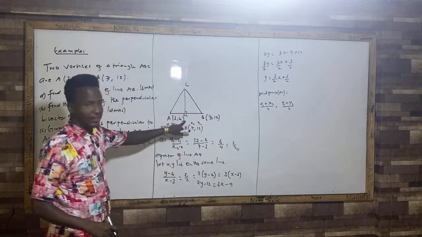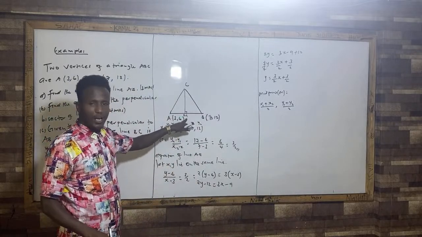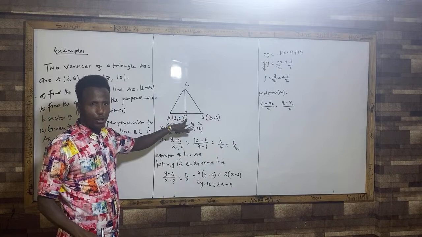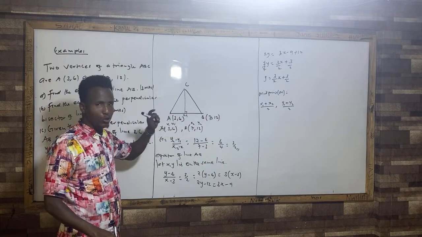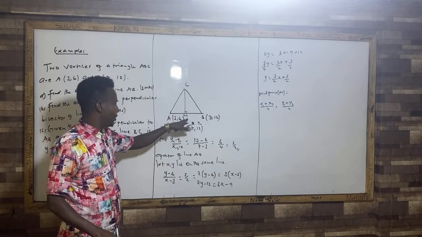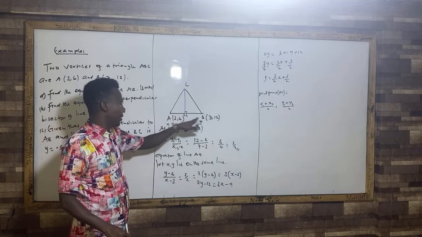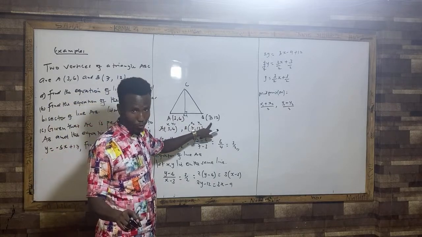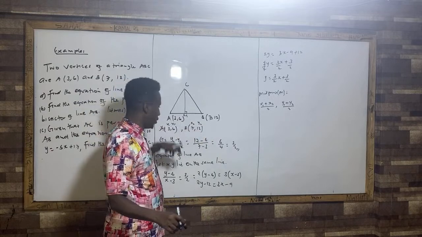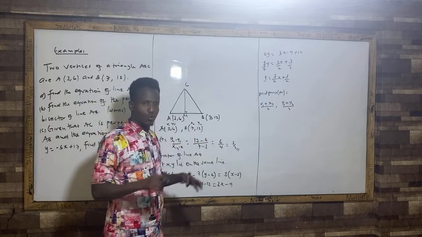For me to get the coordinates of this point, the midpoint of line AB, I will say x1 plus x2 divided by 2, comma, y1 plus y2 divided by 2.